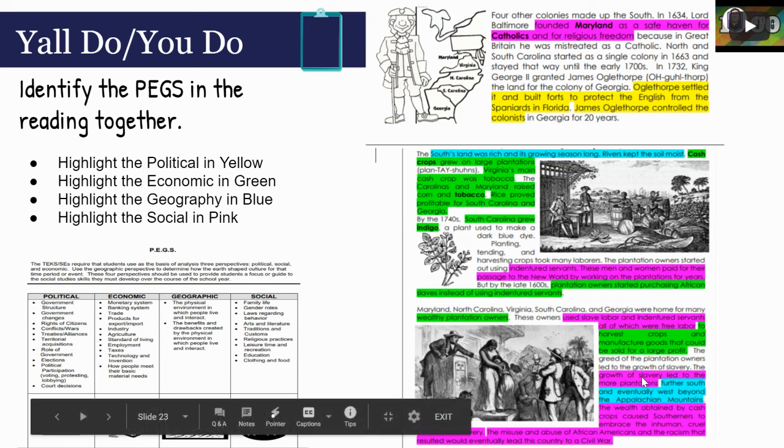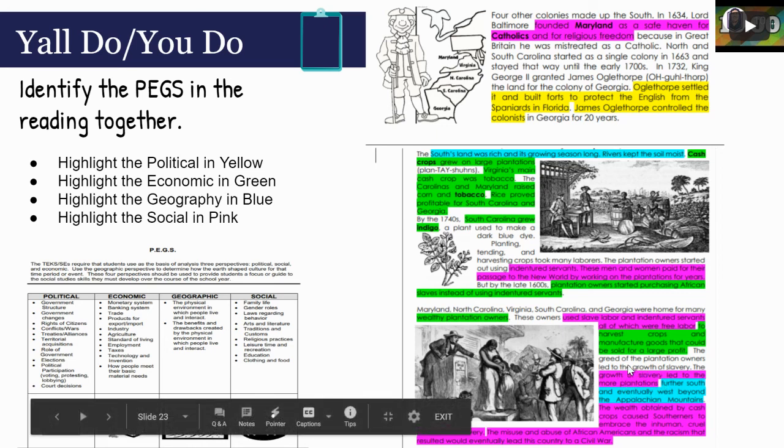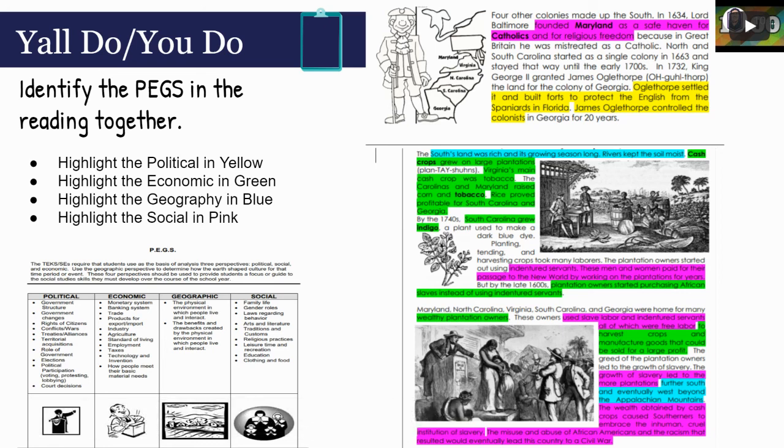Okay. So this is very important for us to keep on the forefront of our brains as we go throughout the year. Watch how slavery evolves throughout the year. This is a social issue, but it is also an economical issue, right? Social and economical. So the South is riddled by a particular characteristic that we're not going to find as much in the other colonies.